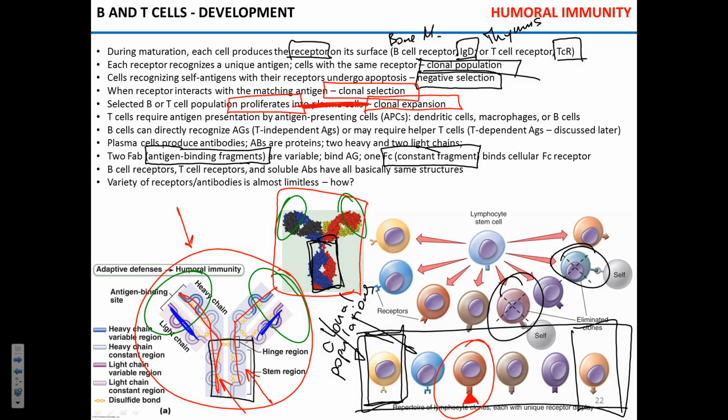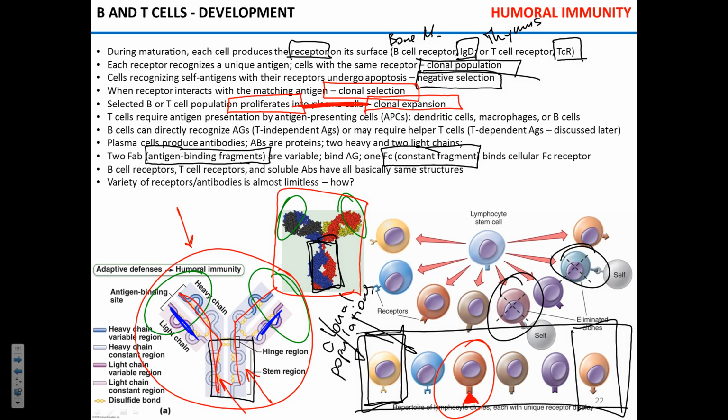B cells can do it directly. So B cells can recognize the antigen right away. T cells are picky. They require so-called antigen presentation. We will talk about it.